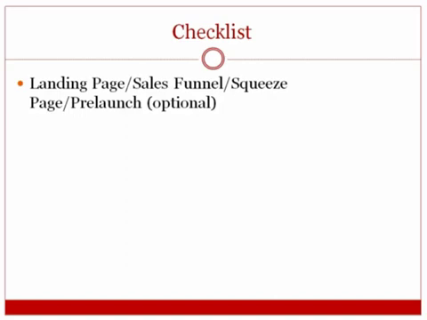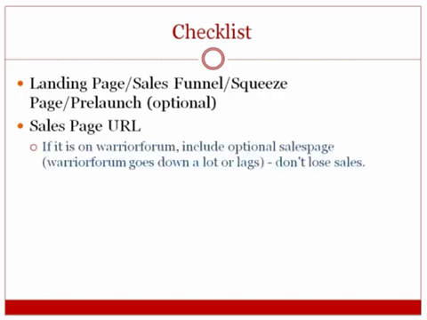And of course you're going to need to have some sort of landing page, which is an option. You don't have to have a sales funnel, squeeze page, pre-launch page, but that is an option if you want to do that. Otherwise, if you leave that blank, it'll default to the sales page URL. And of course, if your sales page is on the warriorforum.com as a Warrior special offer, Warrior Forum tends to go down or lags a lot.